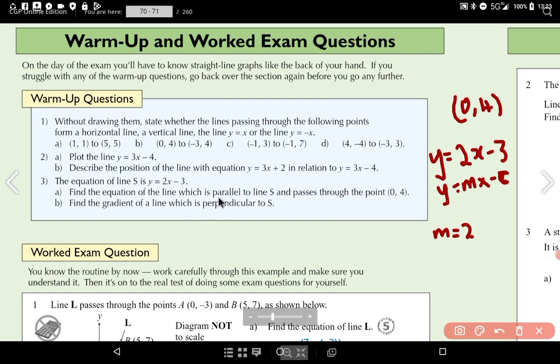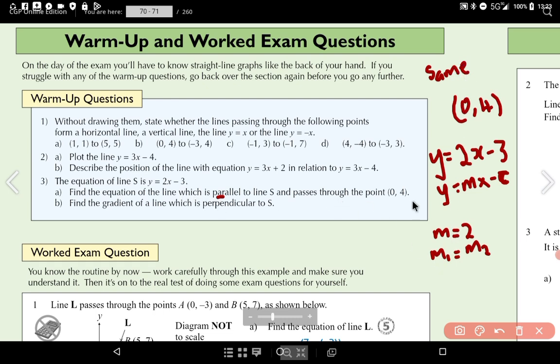Now for all parallel lines, if we say this is gradient 1, it's equal to gradient 2. The thing is that parallel lines have the same gradient. That is one thing we have to know.